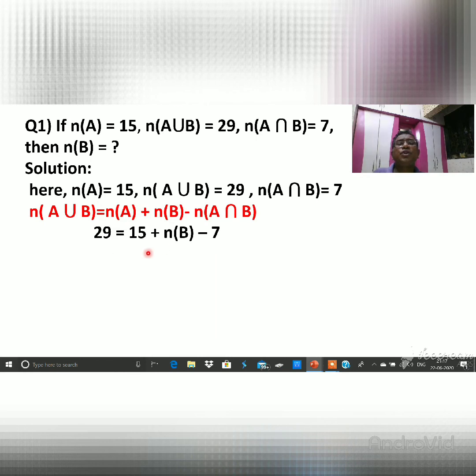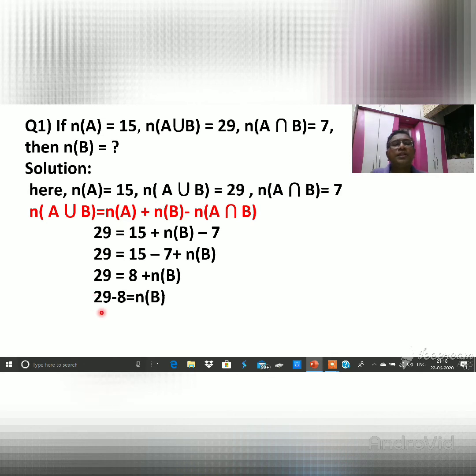What can you do? 15 and minus 7 get together here. 29 remains as it is, equal sign, 15 minus 7, which is 8. So 8 plus number of B. 8 is positive, but when it goes across it becomes negative. So 29 minus 8 is equal to number of B.